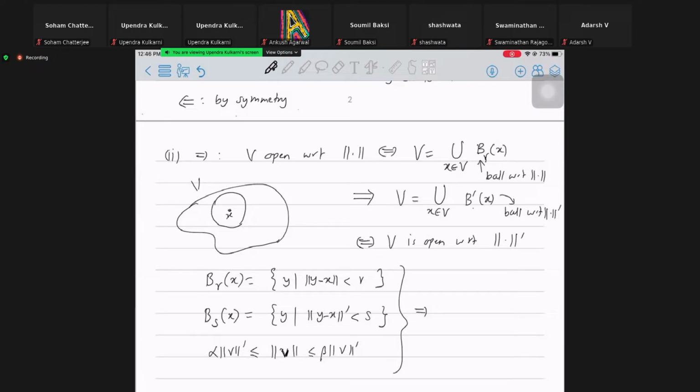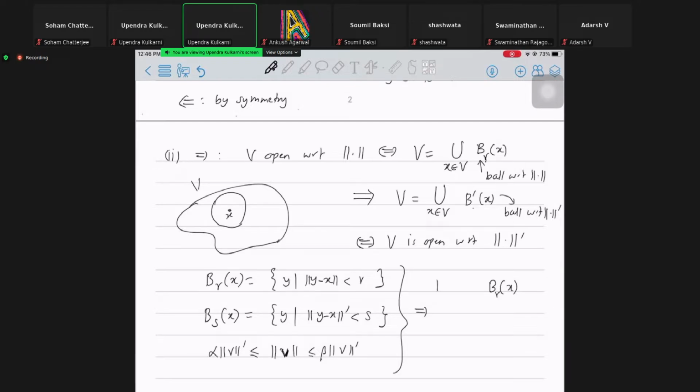Is it R by beta? Let us suppose the middle term is less than R. So v is y minus x, which means I am taking the ball B centered at x of radius R with respect to one of the norms.